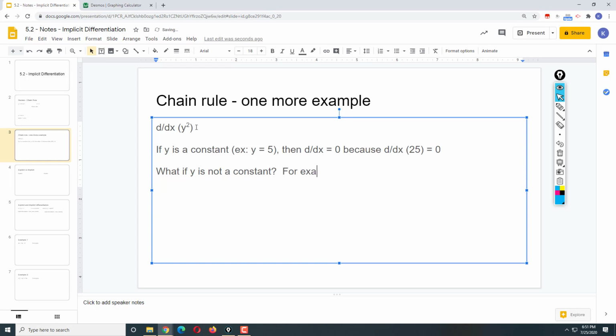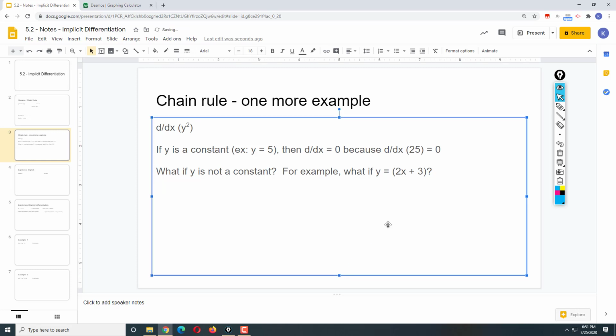So it depends. But what if y is not a constant with respect to x? For example, what if y is 2x plus 3? Well, if y equals 2x plus 3, then d over dx of y squared is going to be d over dx of (2x plus 3) squared.